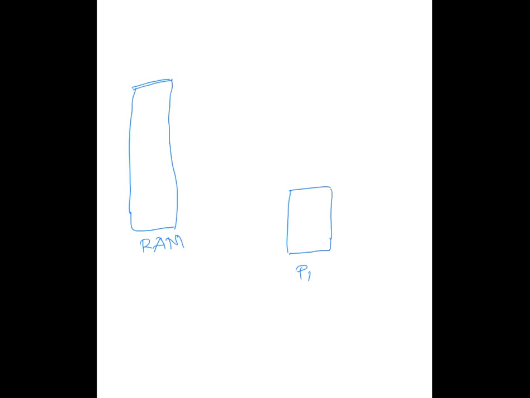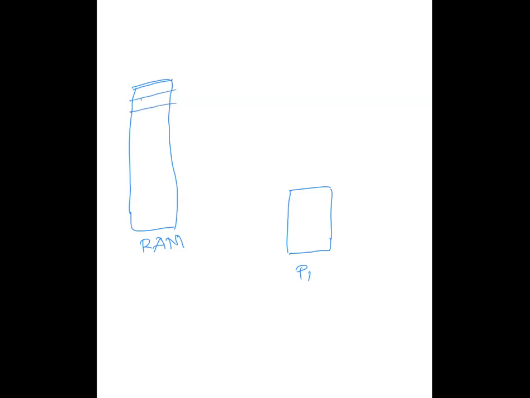How does the paging technique work? At first, your RAM is divided into fixed partitions. Fixed partition means fixed frames.